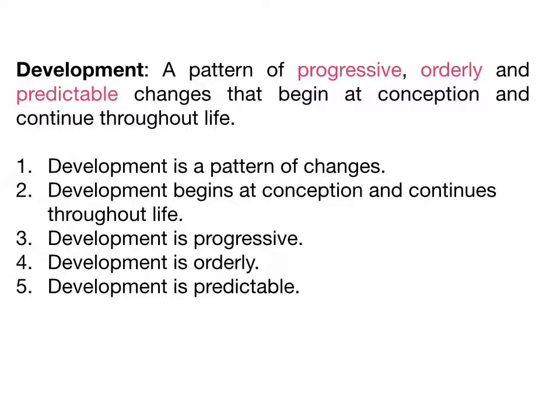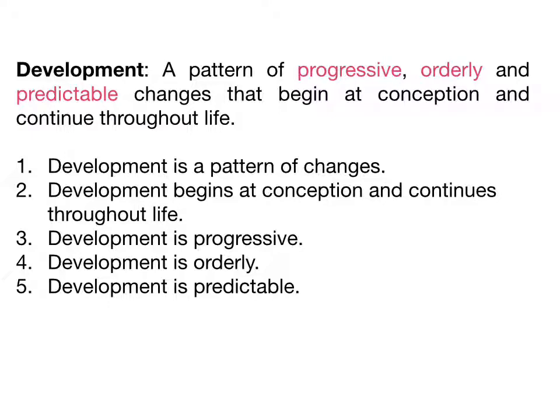To quickly revise what we have learned about development, we know that development is a pattern of changes. Development begins at conception and continues throughout life. Development is progressive, which means that development is, one, directional, and two, the various changes share a definite relationship with each other.